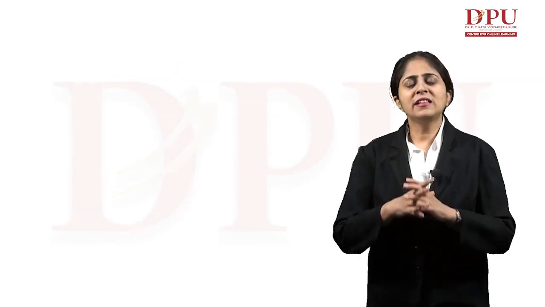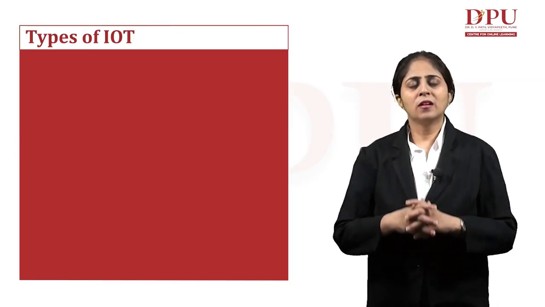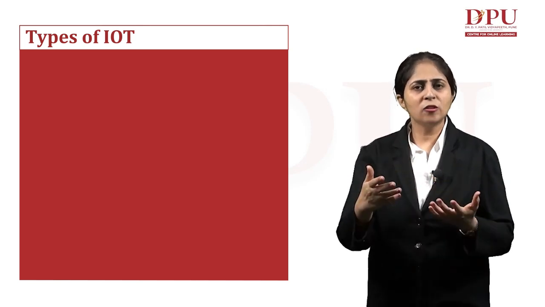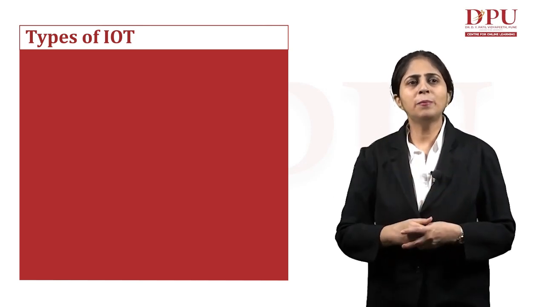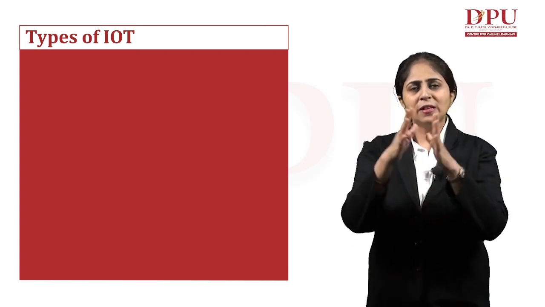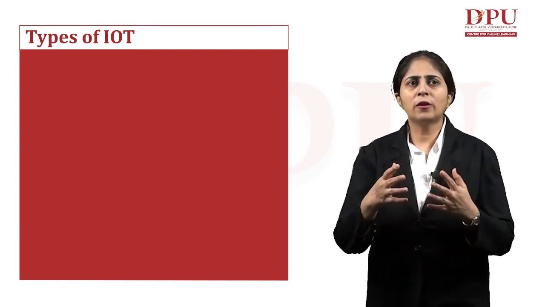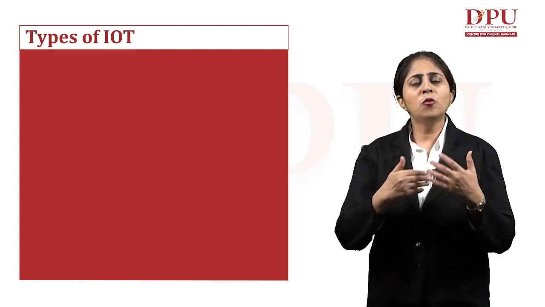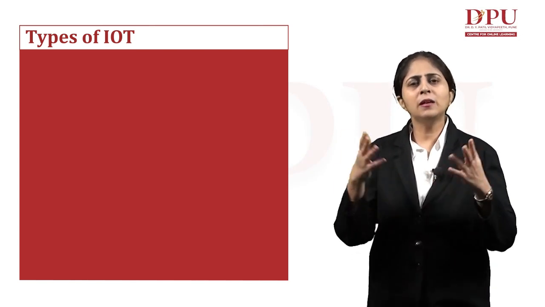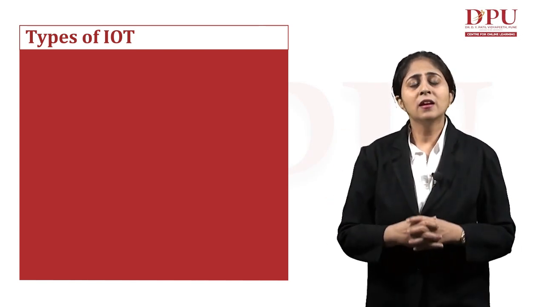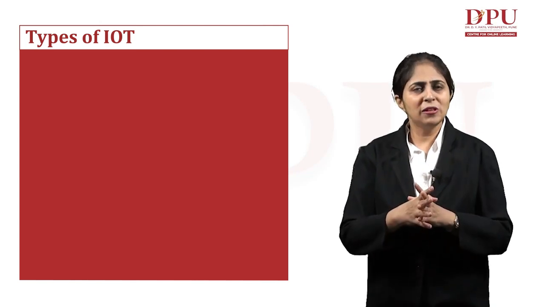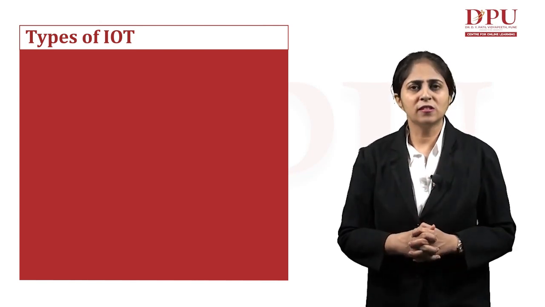Let us discuss the types of IoT. Now we have this IoT that we use for different purposes, so we have classified them into a few categories. There are many types of IoT nowadays, but we are here mentioning some important common ones.